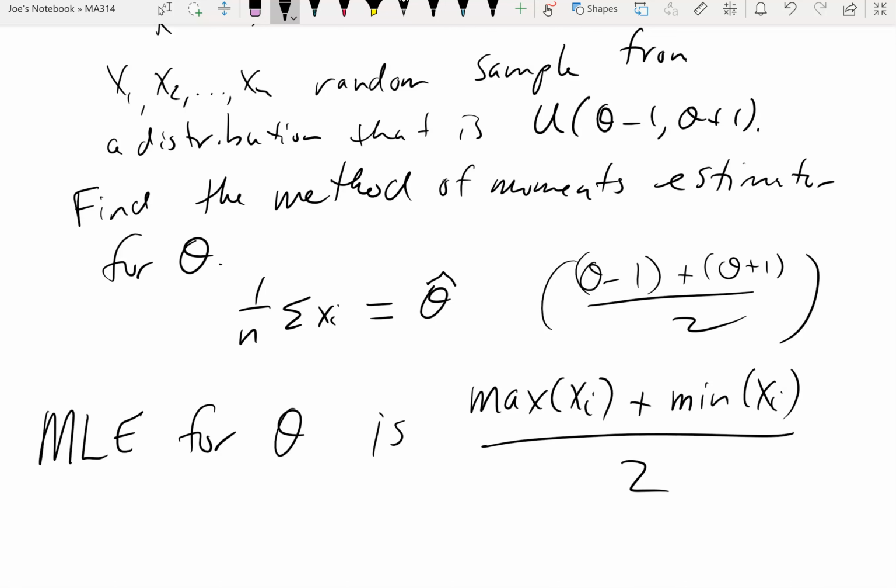The only reason I'm going through this problem is because it's an idea that's going to pop up later this semester. Not that we're going to actually compute that maximum likelihood estimator. But the idea here is I've got 2 different estimators for theta based on my sample.